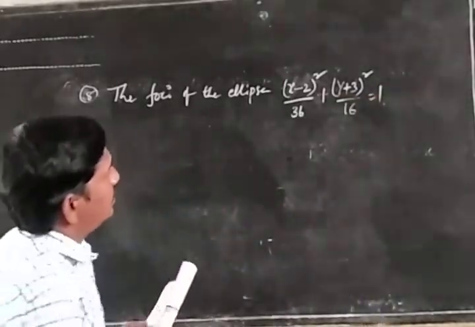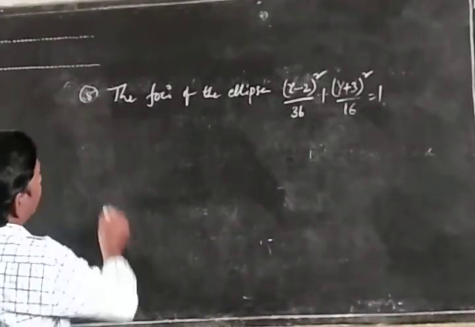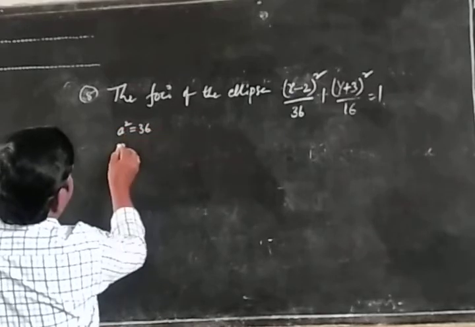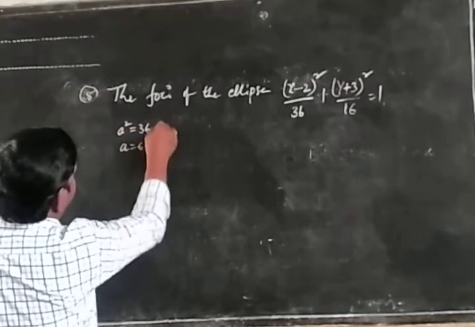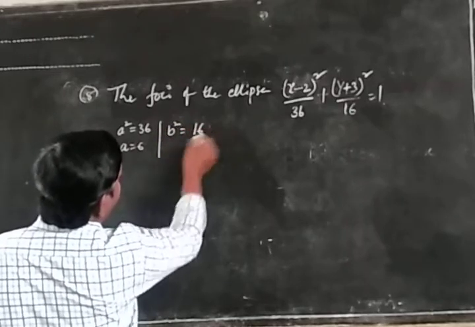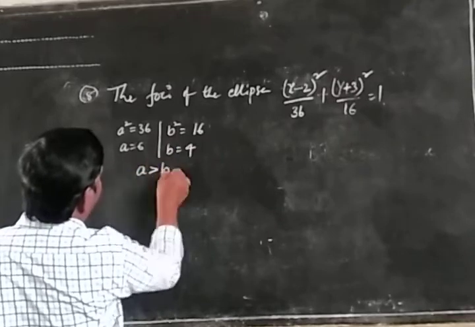Okay. Now a square equal to 36, a equal to 6, b square equal to 16, b equal to 4, a greater than b.